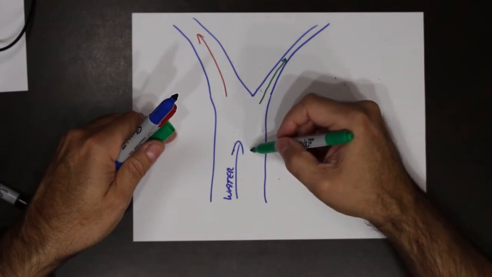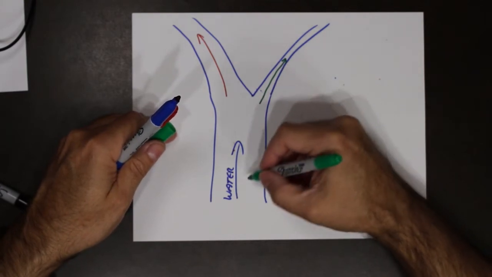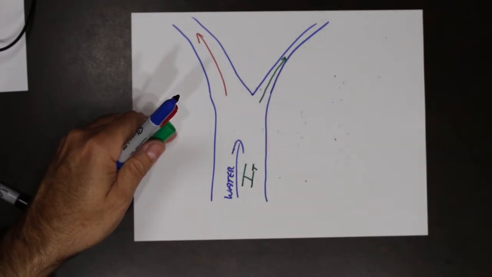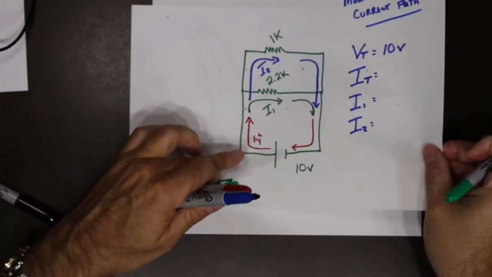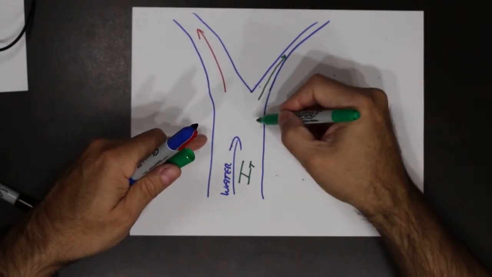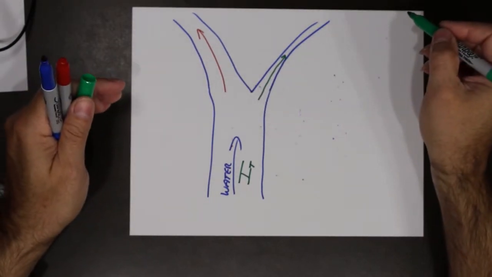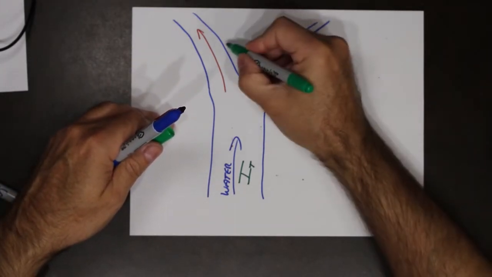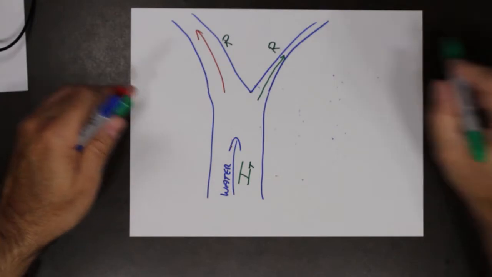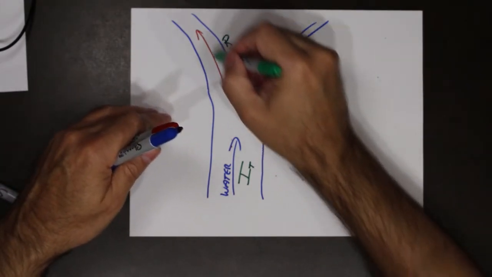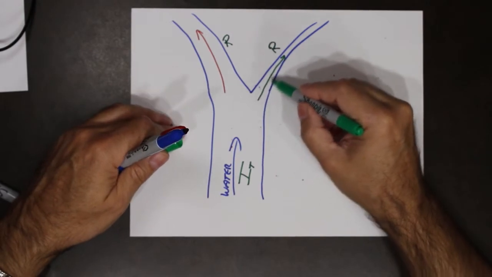So think about it the same way. If this was the total current, and the total current was coming out of the source, it reaches a split in the road. Depending on the resistance of each path will help to determine how much of the current goes one way and how much of the current goes the other way.